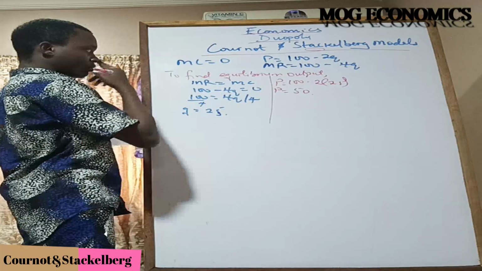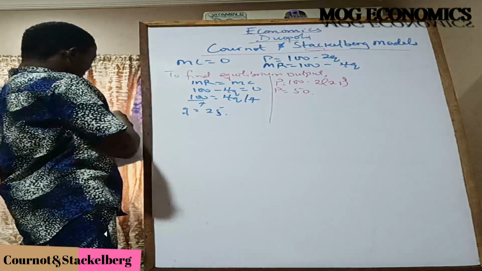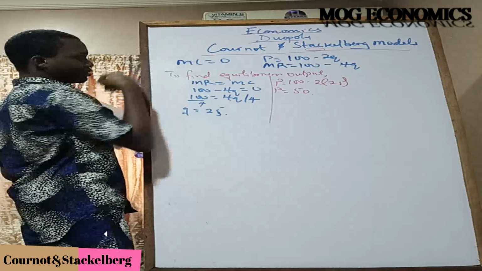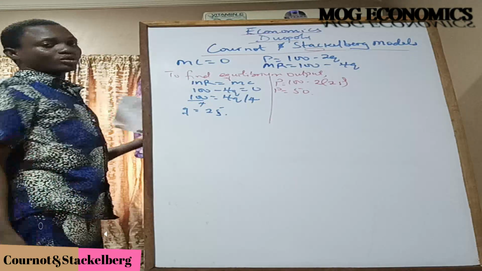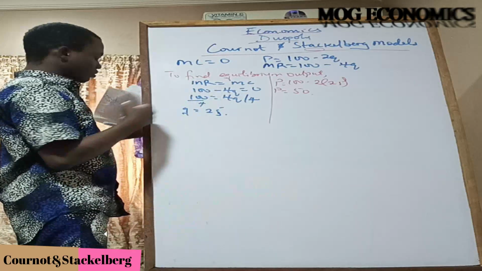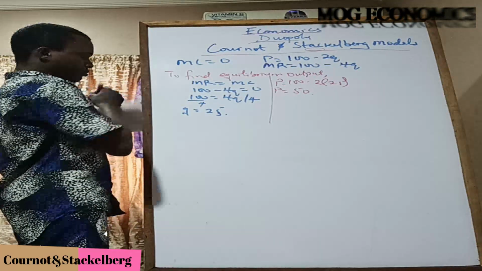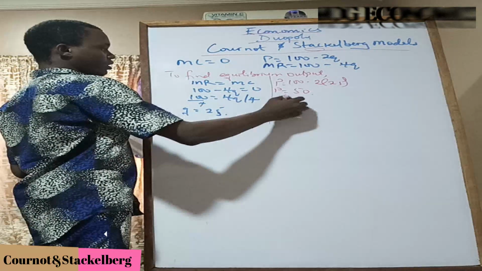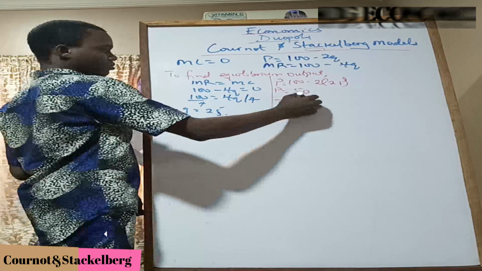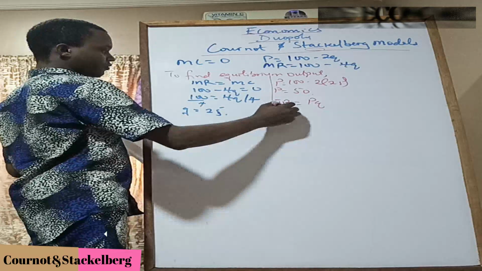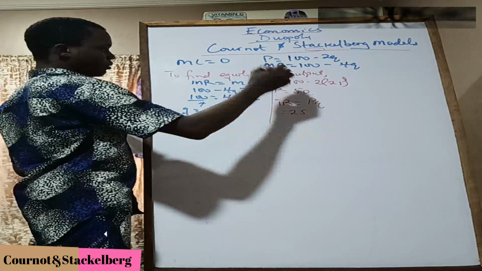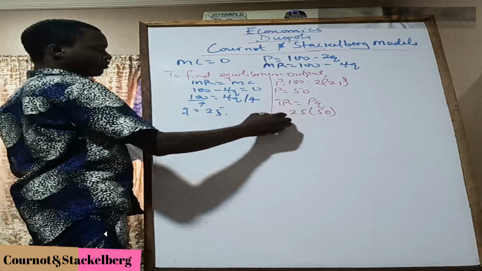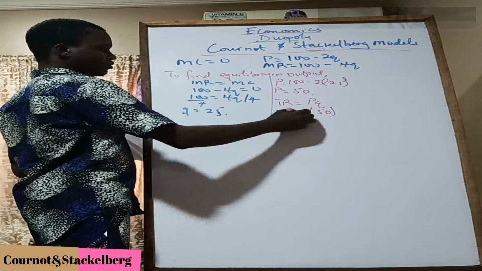If our MC is 0, how can I even get my total cost? Since MC is 0, if I integrate 0, I'm not even going to get Q. So I can't even find my total cost. That's the point. So total revenue is going to be equal to P times Q, which is equal to 25 multiplied by 50. 25 times 5 is 125, so 1250.